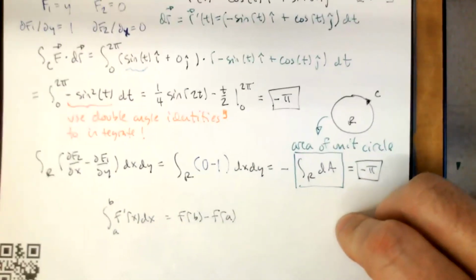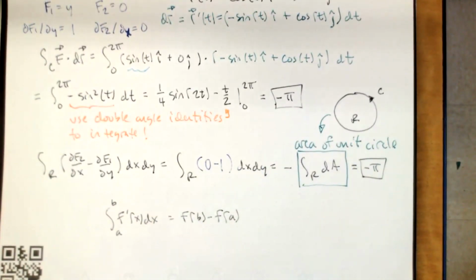It has that same feel of our original fundamental theorem of calculus. We integrate the derivative at all the points on the interval by looking at the function at its boundary. F is the antiderivative of f prime.